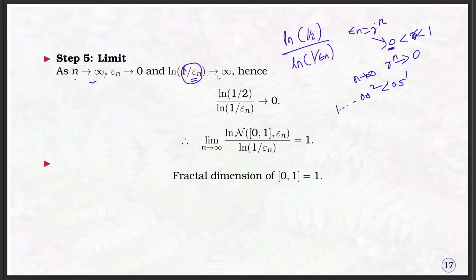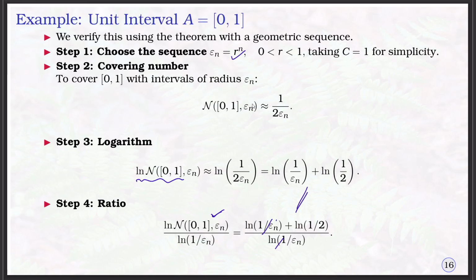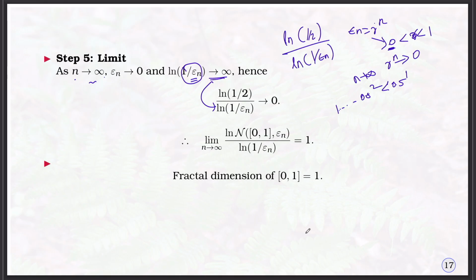That means, if this is infinity, then the denominator goes to infinity, then this term goes to 0. If this term goes to 0, one can observe that the limit as n tends to infinity of ln of 1 over epsilon n over ln of 1 over epsilon n equals 1.